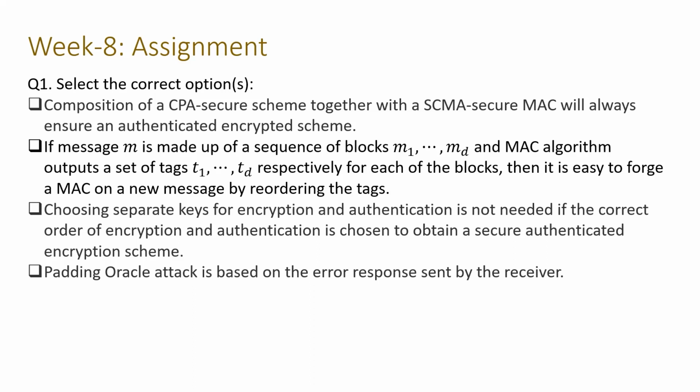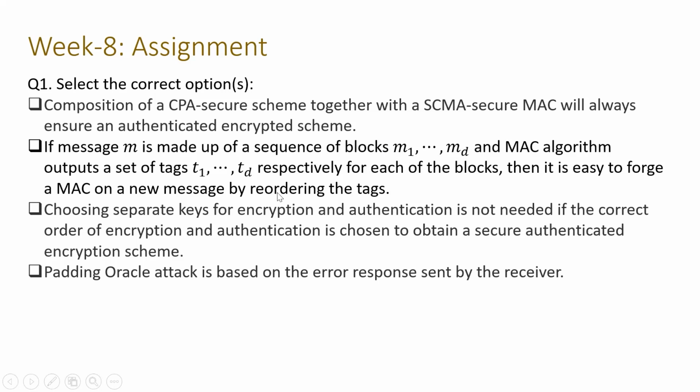It is very obvious to see that, let's say D equals 2, we have just two message blocks M1, M2, and the MAC algorithm outputs a pair of tags T1, T2, so T1 corresponding to M1 and T2 corresponding to M2.